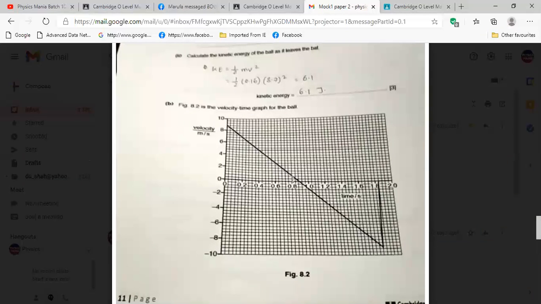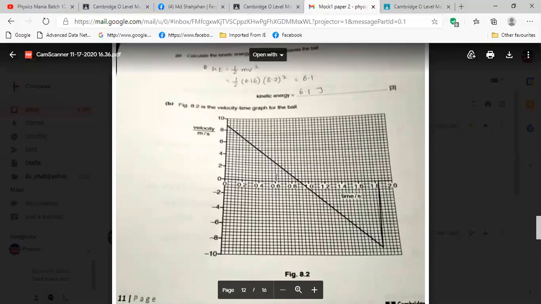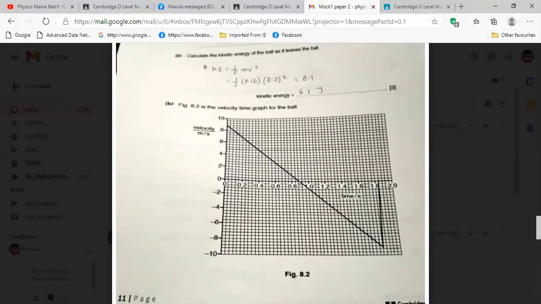You see, here v equals zero, right? So what is the time here? So the time will be 0.9 seconds.